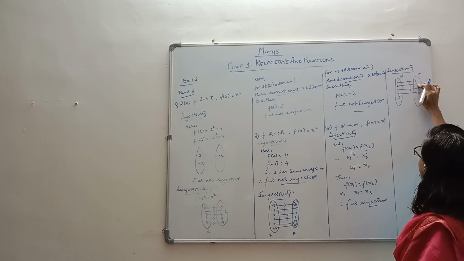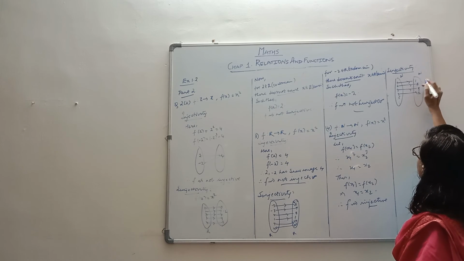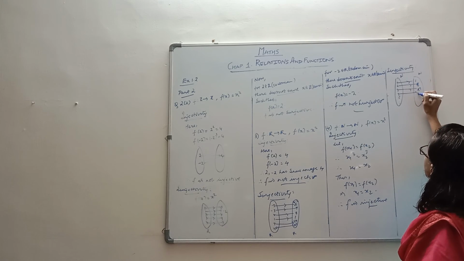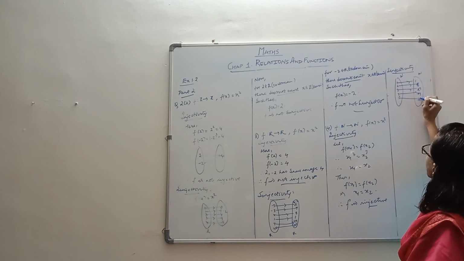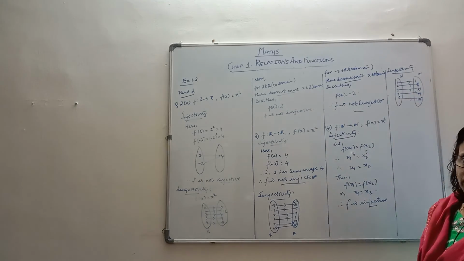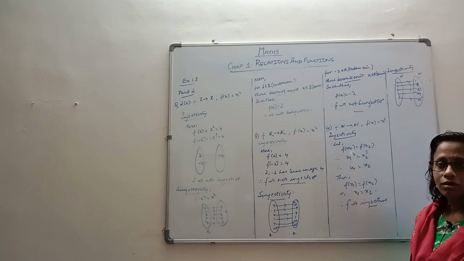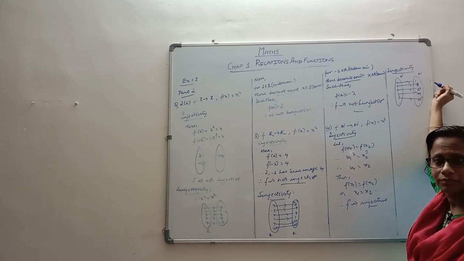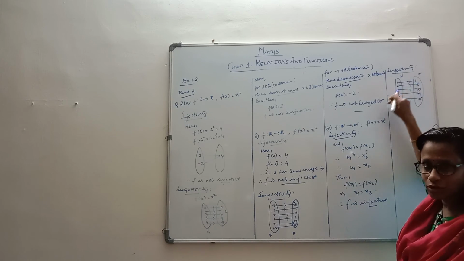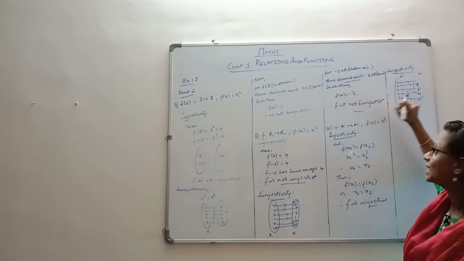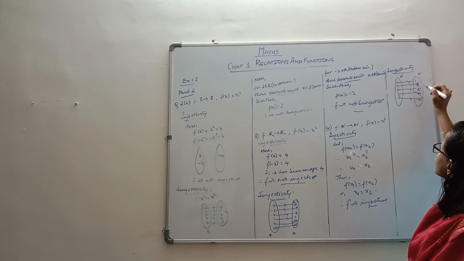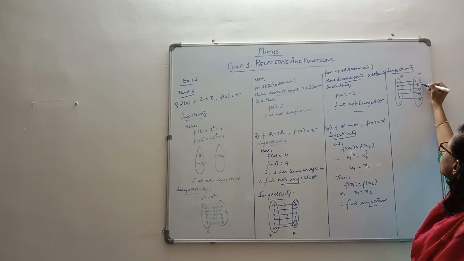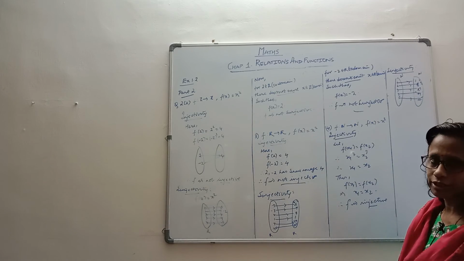Sorry. 1 will go to 1, 2 will go to 8, 3 will go to 27, and 4 will go to 64, 5 will go to 125. This is how the function is. So from here itself it's very clear to us, something like 2, where can it come from? It can come from cube root of 2, but that is not there in natural numbers, right? So like that, there are so many elements which are not related. 2, 3, 4, so many things are not related. So that we can say.